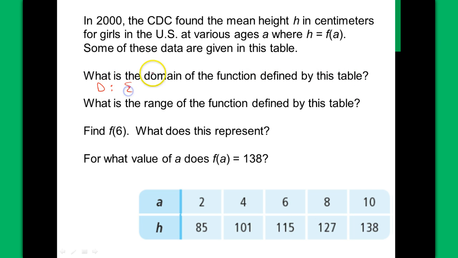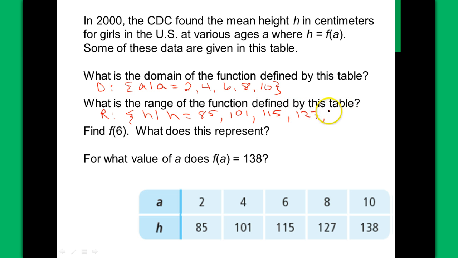So the domain is A such that A is equal to what? 2, 4, 6, 8, 10. The range. That's the height such that height is equal to 85, 101, 115, 127, and 138.